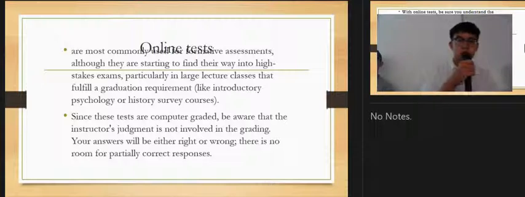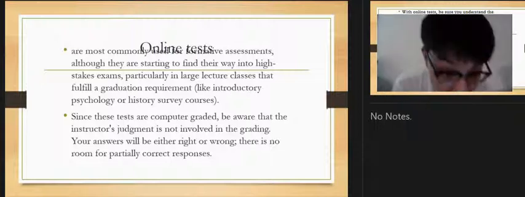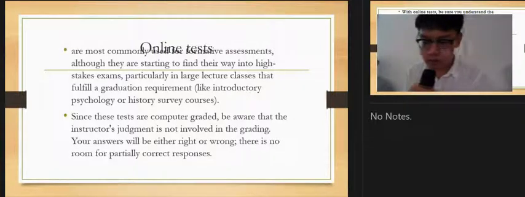Since these tests are computer graded, be aware that the instructor's judgment is not involved in the grading. Your answers will be either right or wrong. There is no room for partially correct responses.